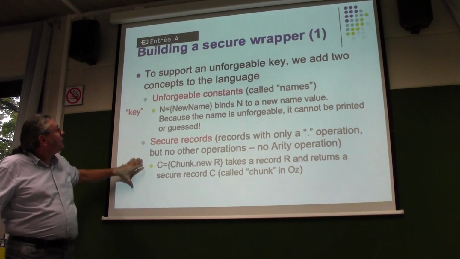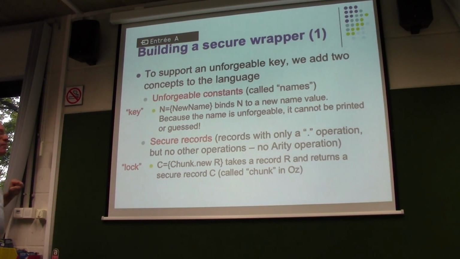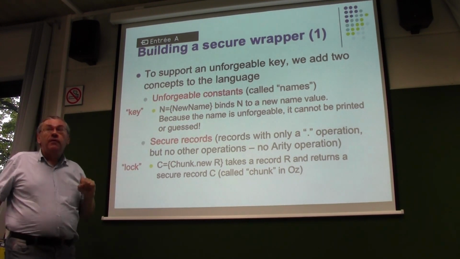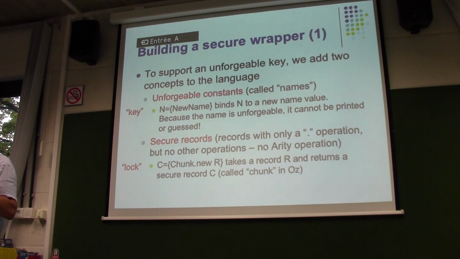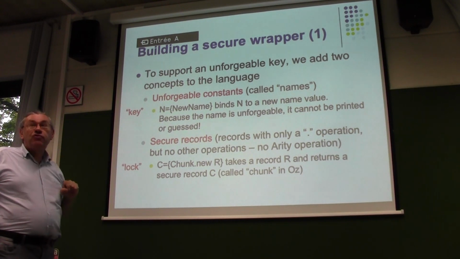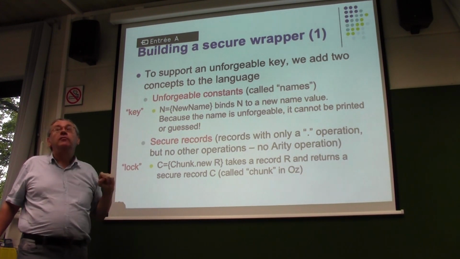So you have two concepts. You have the unforgeable constants, which are called names in Oz, but they're just constants that you cannot even print. They don't have any string or any printable representation. That means they cannot be guessed. And you guarantee that.